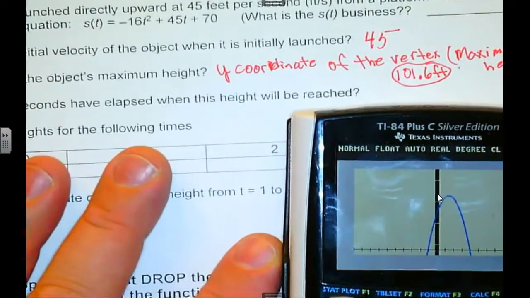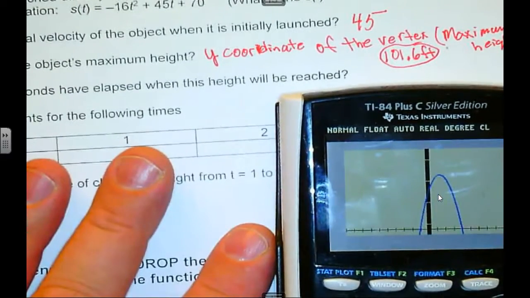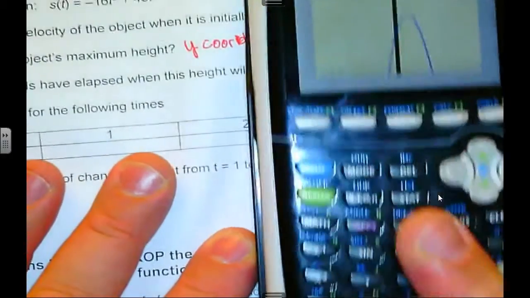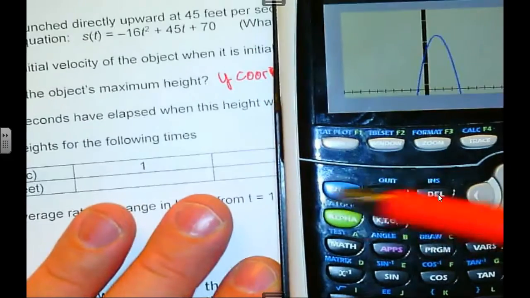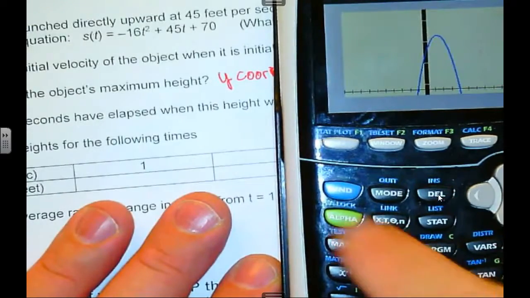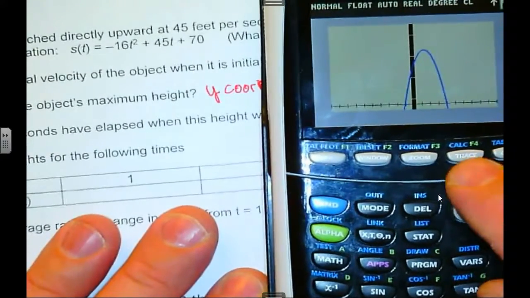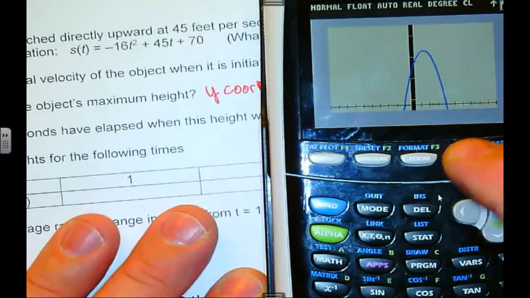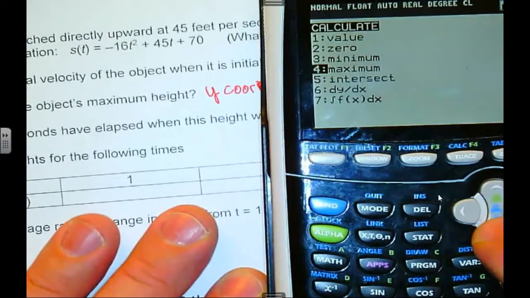Okay? Now pay attention, because this is where a lot of you got lost. I'm going to hit my second key. And I'm going to hit the trace button, which is actually calculate. Okay? So I want the calculator to calculate my maximum point.